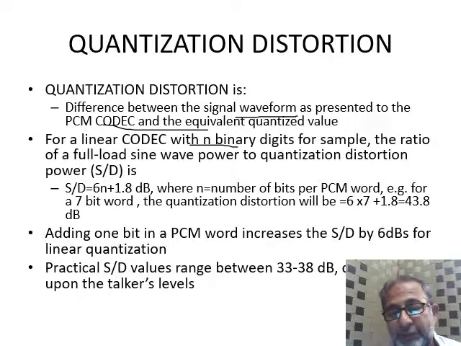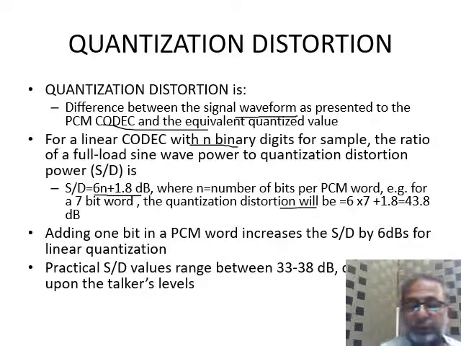For example, for a 7-bit word, the quantization distortion would be 6 into 7 plus 1.8, and we get 43.8 dBs. Adding one bit in a PCM word increases the signal to distortion by 6 dBs for linear quantization. Practical signal to distortion noise ratios range between 33 to 38 dBs, and it depends upon the talker's level.